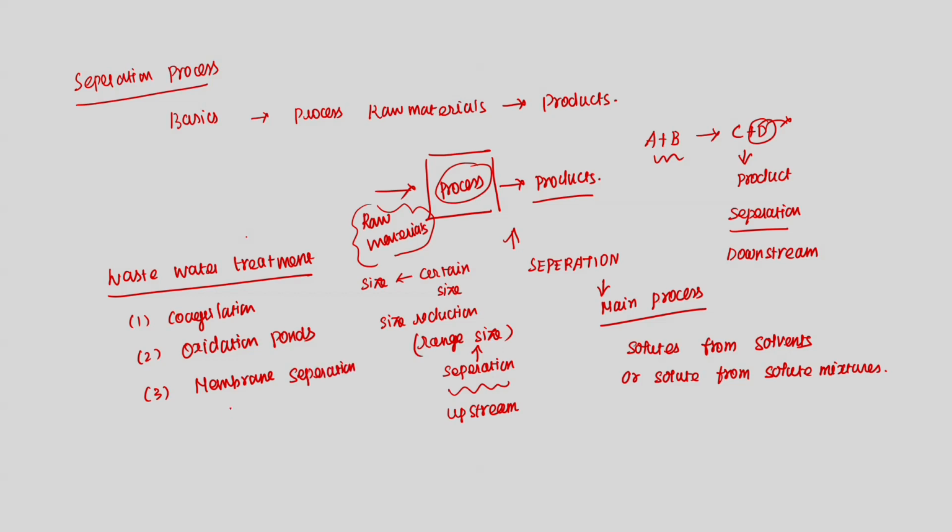This way also the separation can be done, where the main process itself is a separation process, with a series of stages: first coagulation, second oxidation pond, third membrane separation.